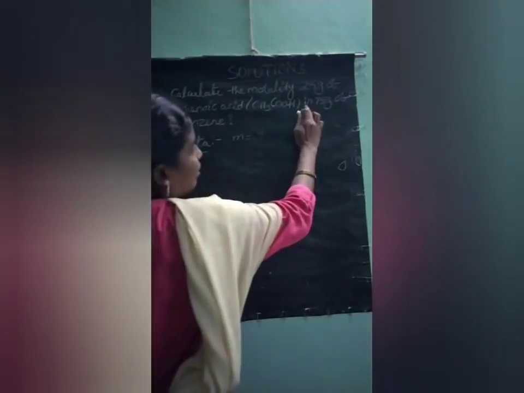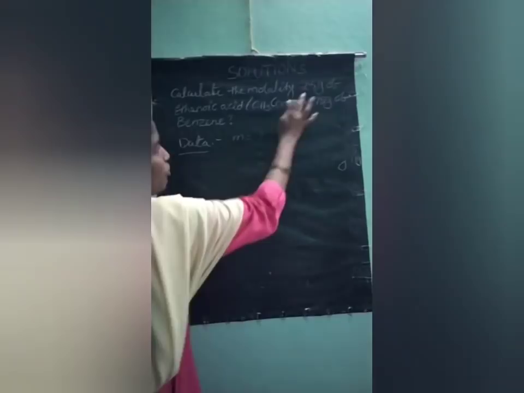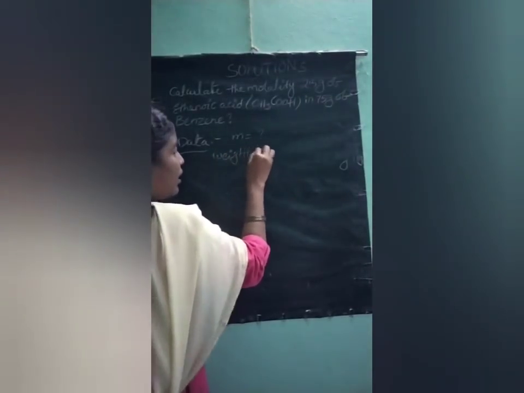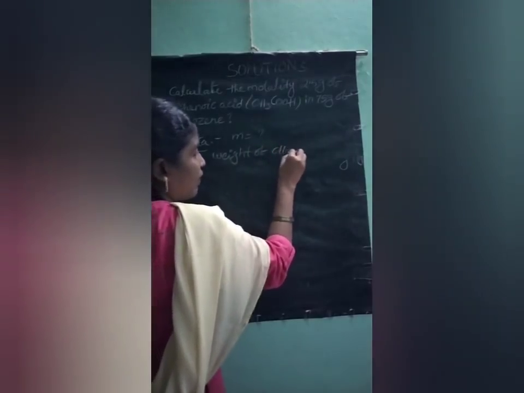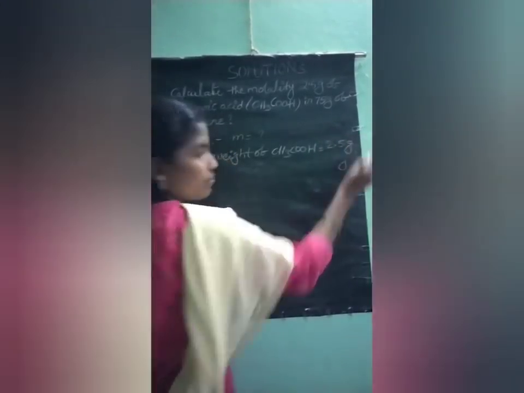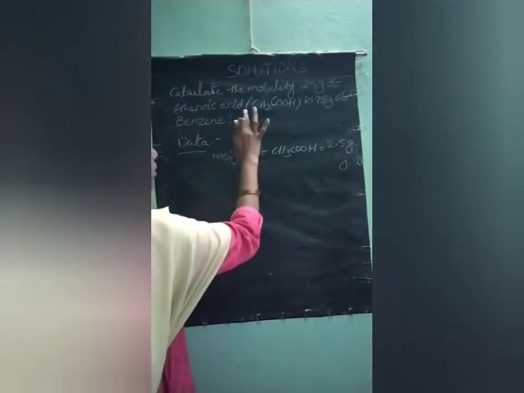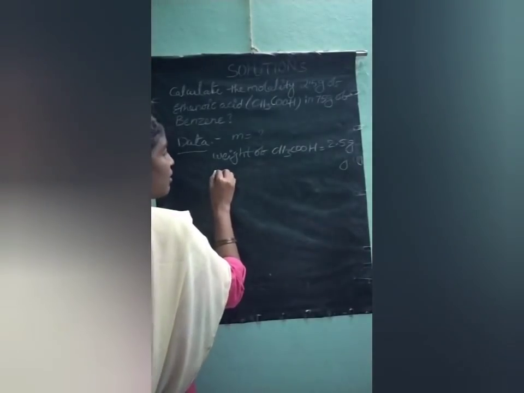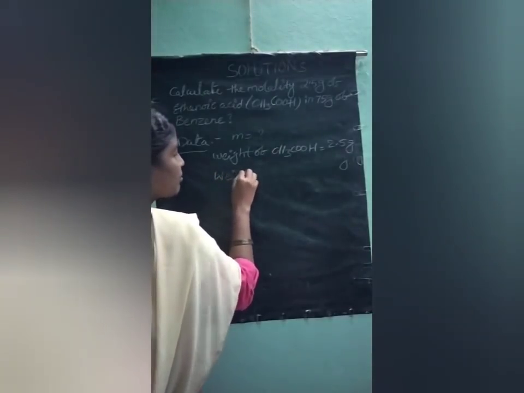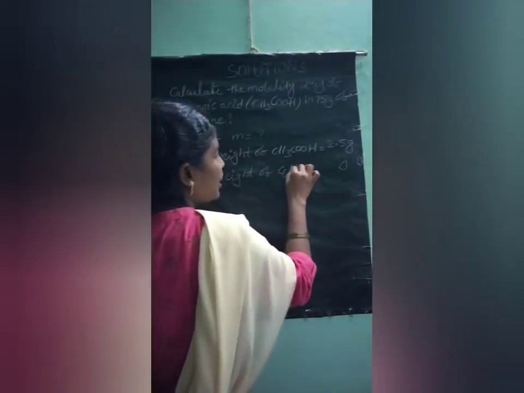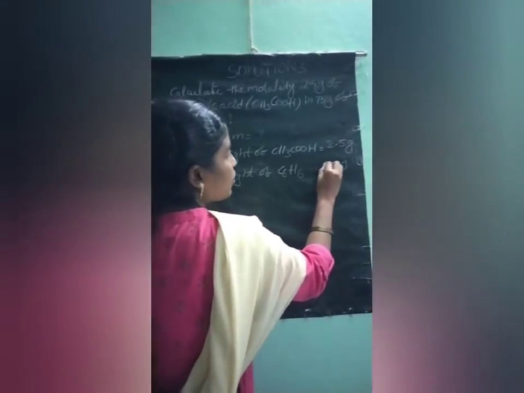And 2.5 grams of ethanoic acid, that is the weight of ethanoic acid, is equal to 2.5 grams. It is the weight of the solute. And 75 grams of benzene, it is also a weight, the weight of benzene, whose molecular formula is C6H6, that is equal to 75 grams.